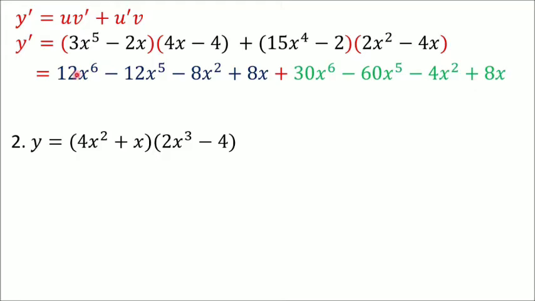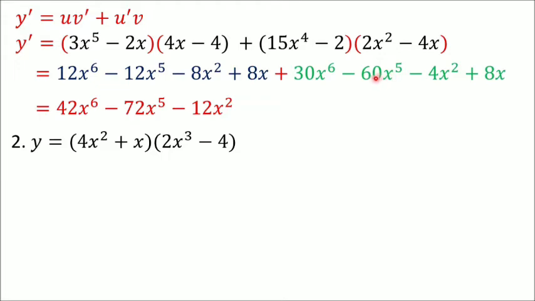Let's see. 12x to the 6 here, we combine with 30x to the 6. All those with the same exponent are the like terms, we combine them. So, 12 plus 30 is 42. So 42x to the 6. And then all those with 5, right? Next. 12x to the 5, negative. And then, this negative 60x to the 5, also negative.